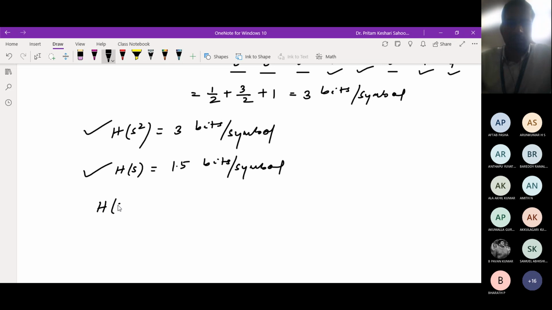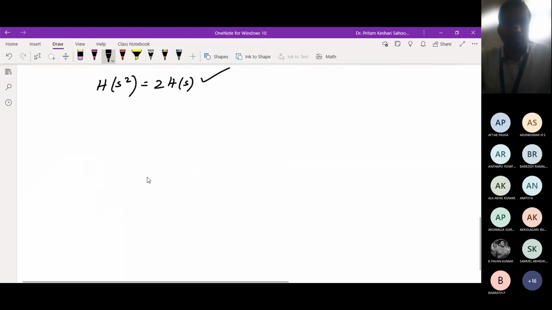The relationship is H(S squared) is equal to 2 into H(S). This can be verified because 2 into 1.5 is 3. Hope it is clear to all.